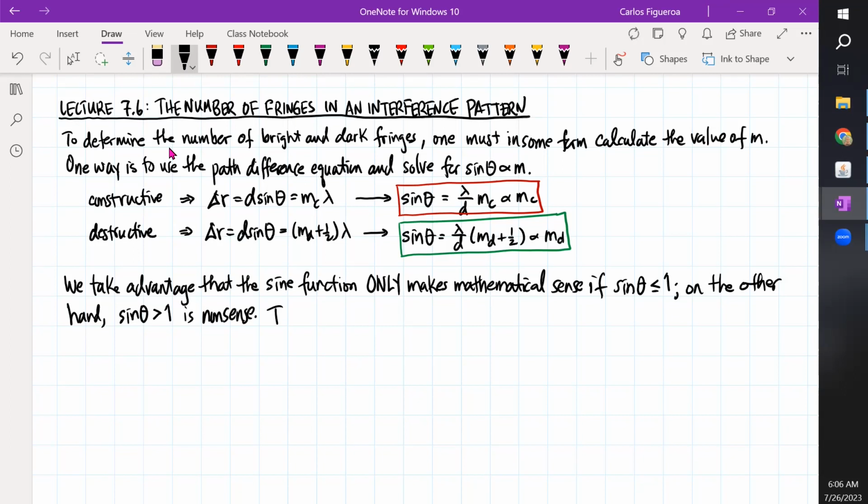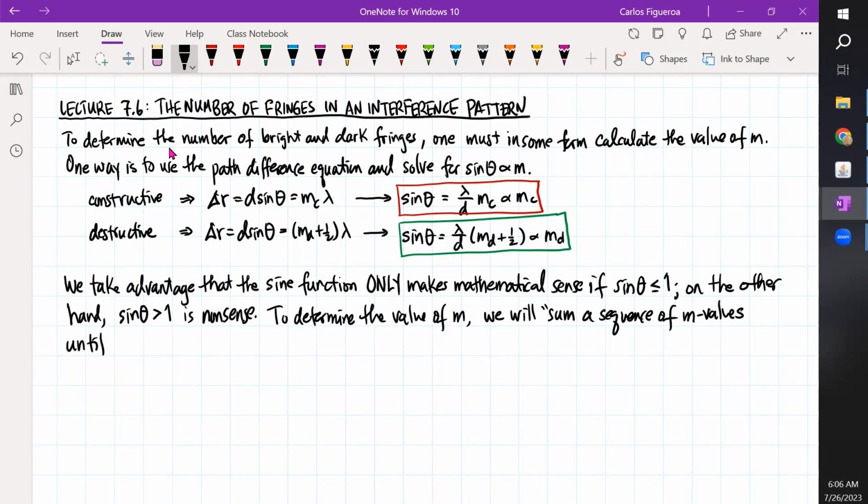So to determine the value of M, that is the number of bright and dark fringes, we will sum a sequence of m values until sine of theta is greater than 1.